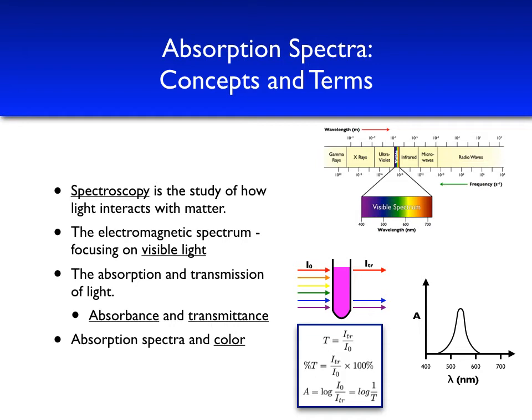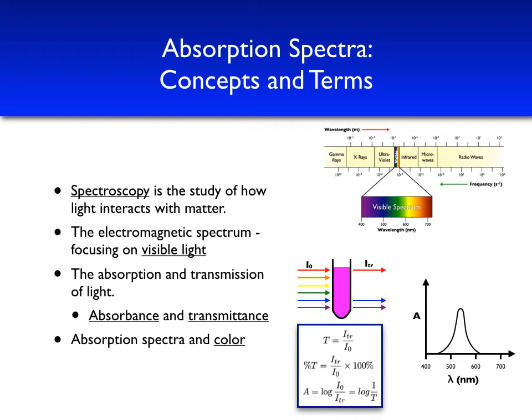Portions of the absorption spectrum where the absorbance is very low or close to 0 represent wavelengths of light that are transmitted. In our absorption spectrum, we see that the light that seems to be transmitted by the sample occurs between 400 and 450 nanometers, and also beyond 600 nanometers. This corresponds to blue and red light.